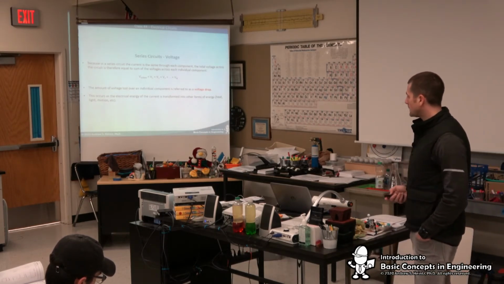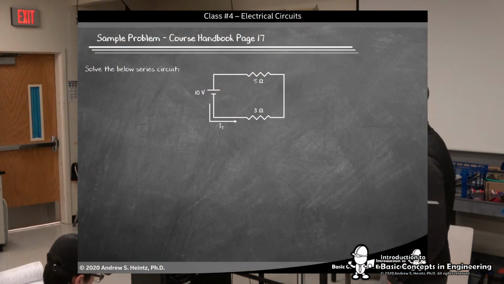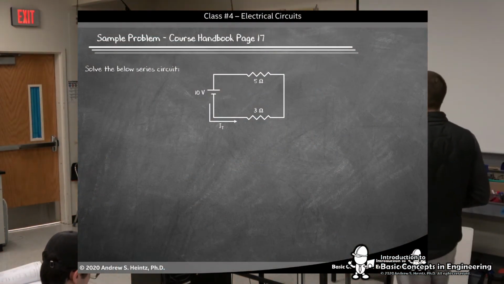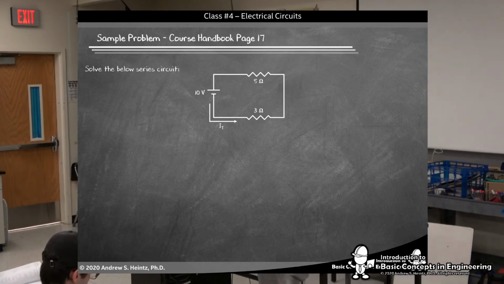Okay. So if you go to page 17, please, we're going to do what's called solving a circuit. So when we talk about solving a circuit, what we're going to do is go figure out each unknown on that circuit. So in this case, what is our unknown? I, right? And it's IT because that's the total current in the circuit, right?